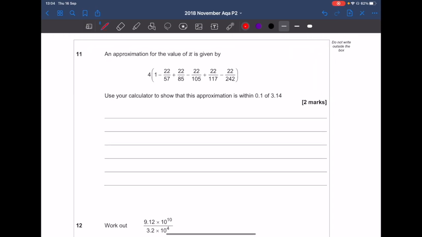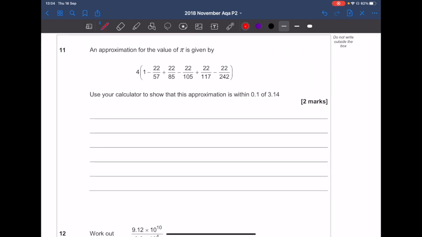Continuing on for us, an approximation for the value of pi is given. Use your calculator to show that this approximation is within 0.1 of 3.14. So I imagine you simply type this in your calculator. So 4 lots of 1 takeaway, I'll do the fraction button for us, 22 over 57 plus 22.